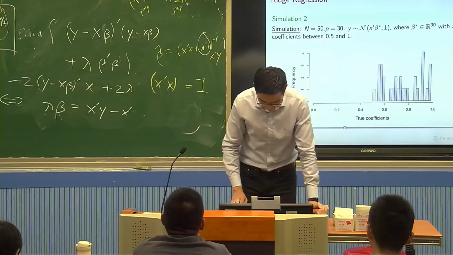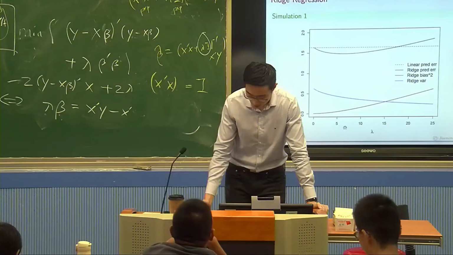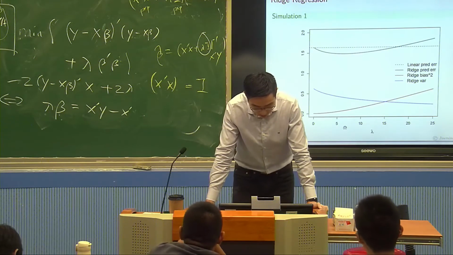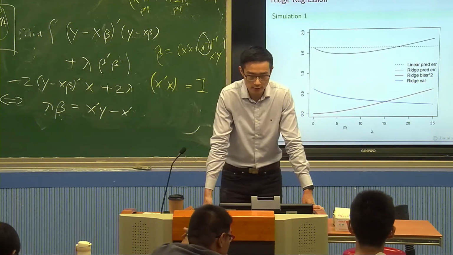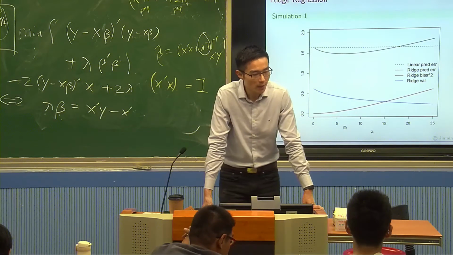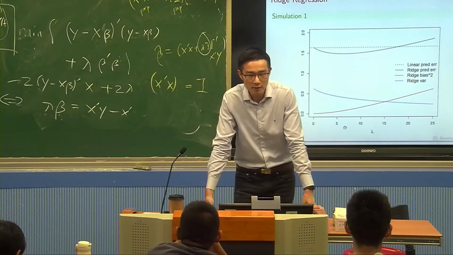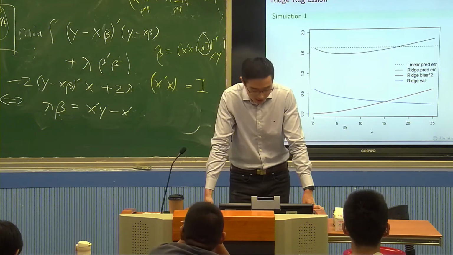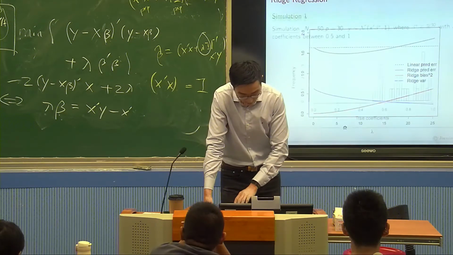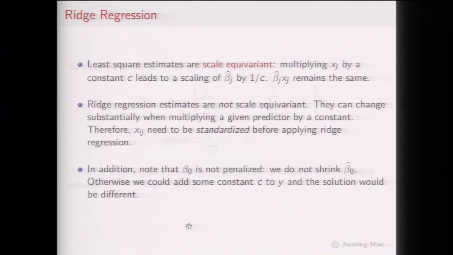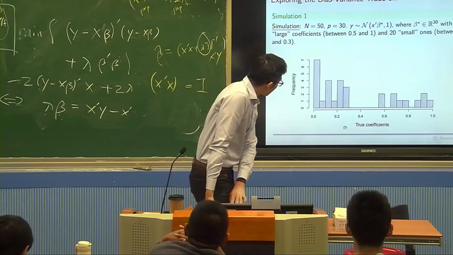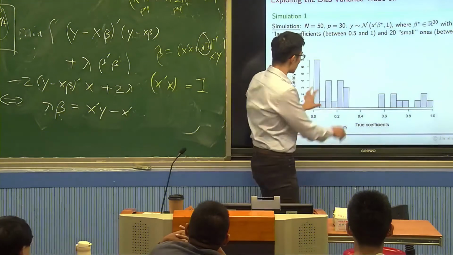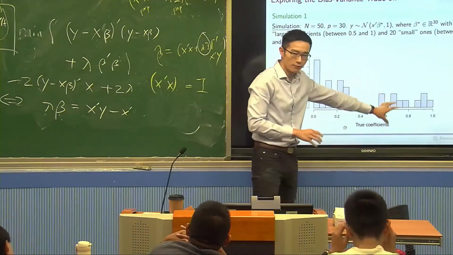So how well ridge regression performs relative to linear least squares all depends on the underlying true function, what it looks like. In this case, we have 30 different parameters, and 20 of them are very small, close to 0, and 10 of them are relatively large.